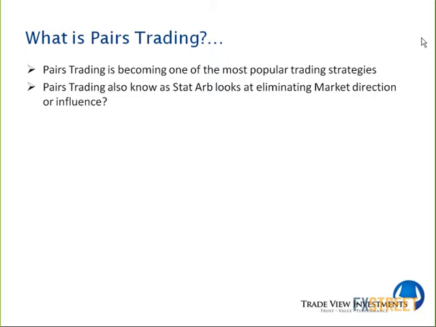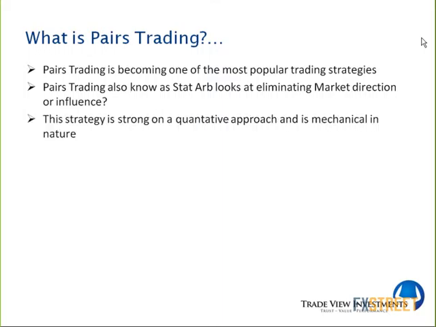Basically, it tries to eliminate market direction. The strategy is strong on a quantitative approach and is mechanical in nature. There is quite a fair bit of mathematical formulas involved to get it right. We will use a simplified version just to get people started if they've never really developed it.